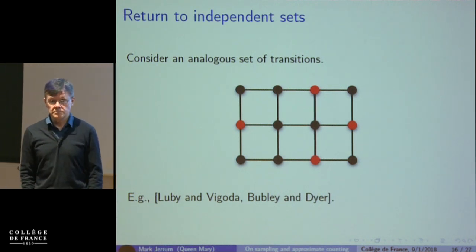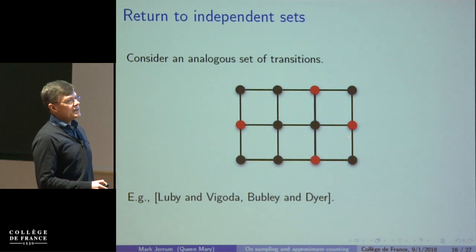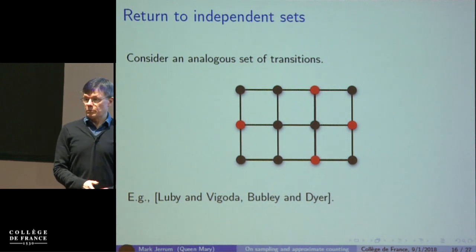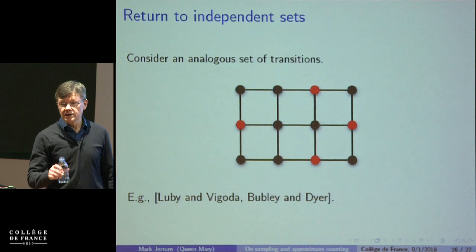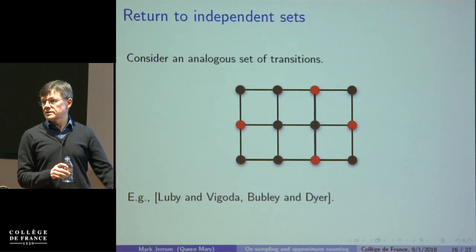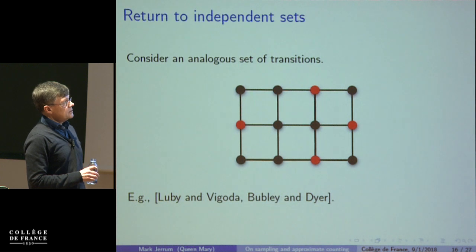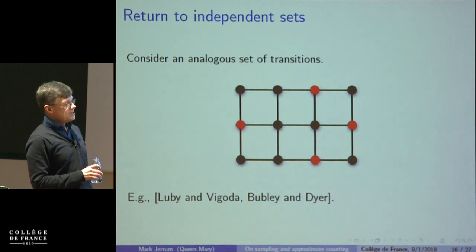But the trouble is, as lambda gets bigger, in particular when it gets to about 2 point something, things break down, and we don't have rapid mixing in general. That could happen if the lambda is too big or the degree is too small.